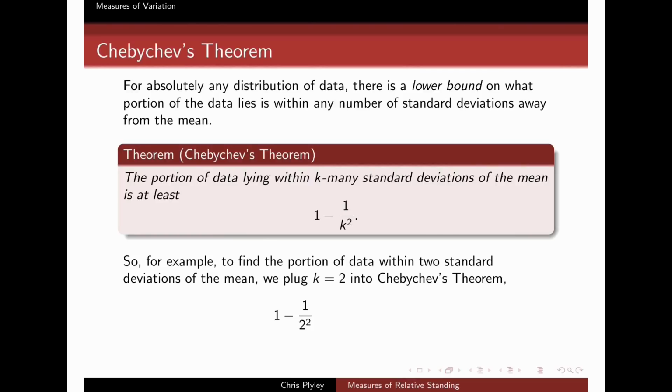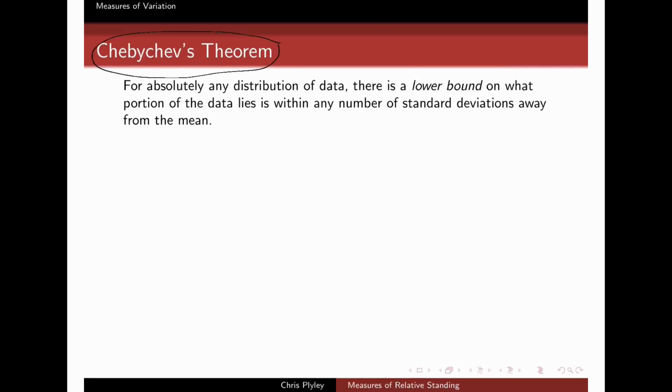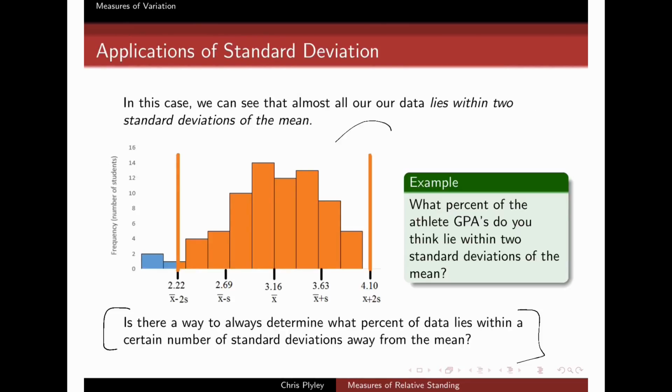So what does that mean? For example, what happens when I plug in k equals 2? We just saw a second ago that it seemed like at least 90% of my data was within 2 standard deviations of the mean in this particular example.